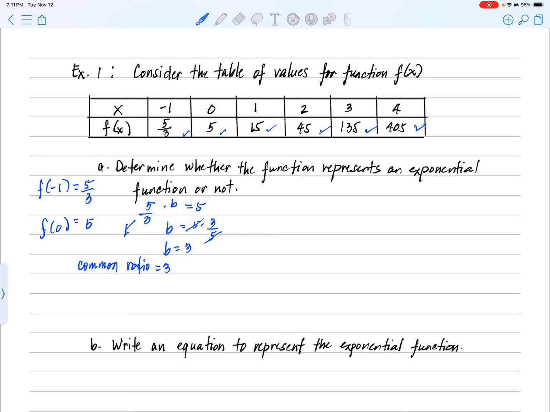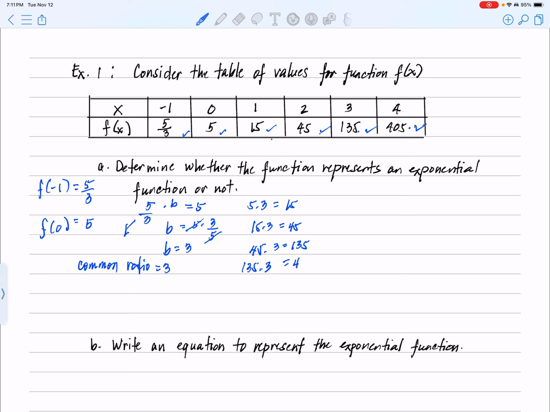So for example, we'll check 5 times 3, we have 15 for the next one. 15 times 3, we have 45. Then 45 times 3, we have 135. Then the last, 135 times 3 gives us 405.